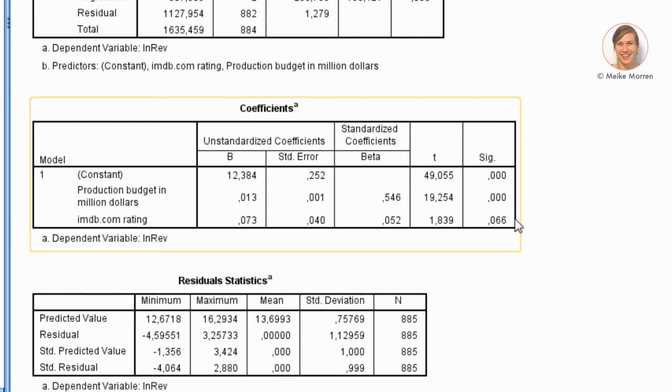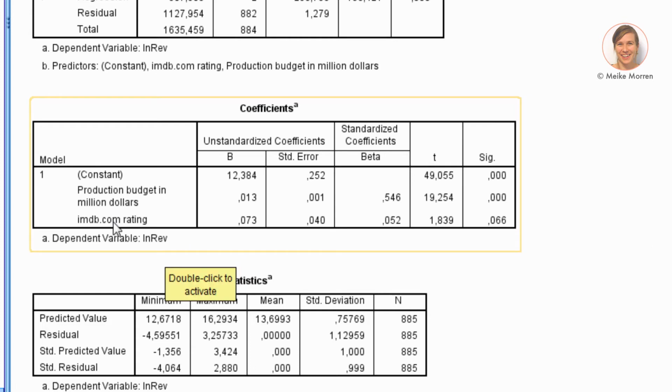However, since we have included two variables, now this coefficient actually means an increase in the budget of $1 million, holding the rating constant. So for each level of the rating, a 1 point increase in budget leads to a 0.013 increase in log revenue.